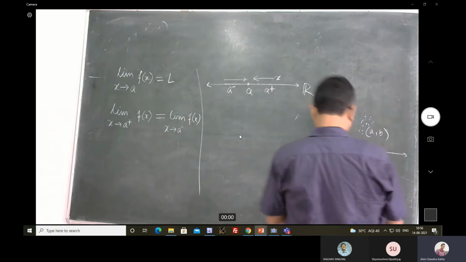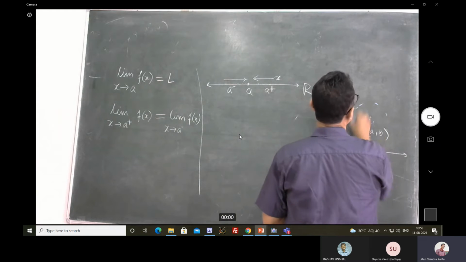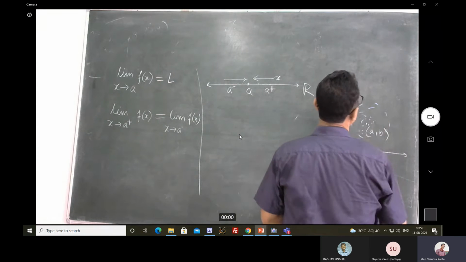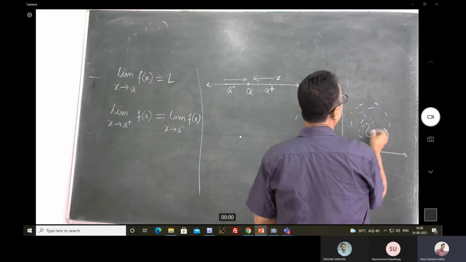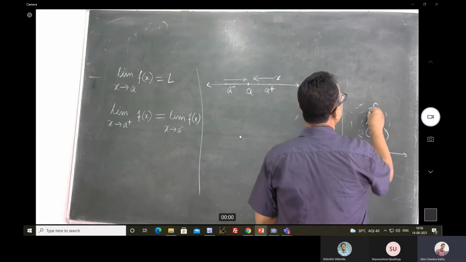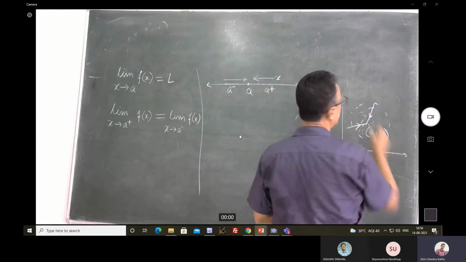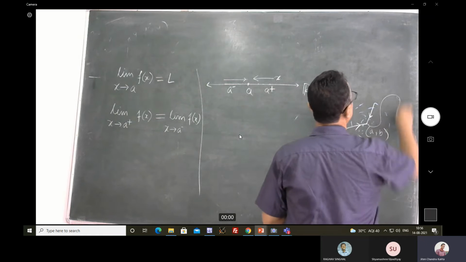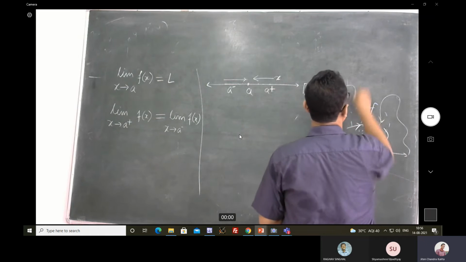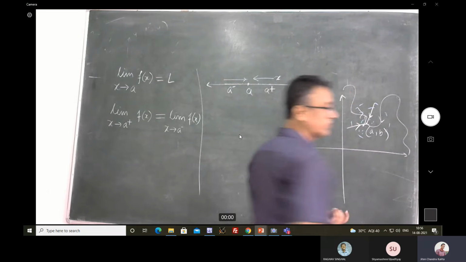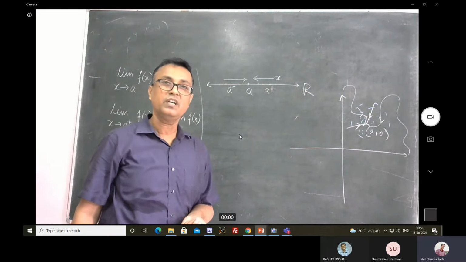If I consider all the neighboring points here, say this is a magnified version, then these points can approach AB obviously through straight lines, but they can approach through curves also, isn't it? Through curves also.